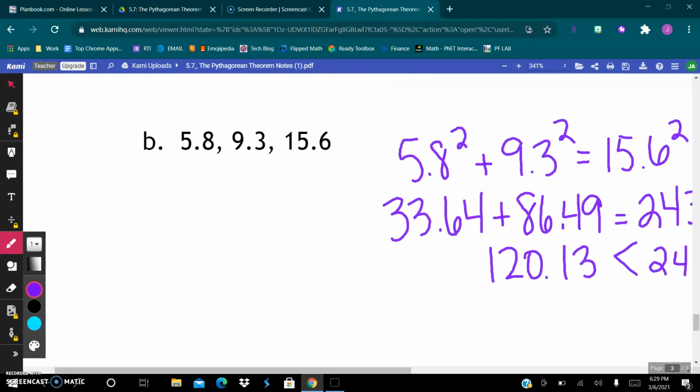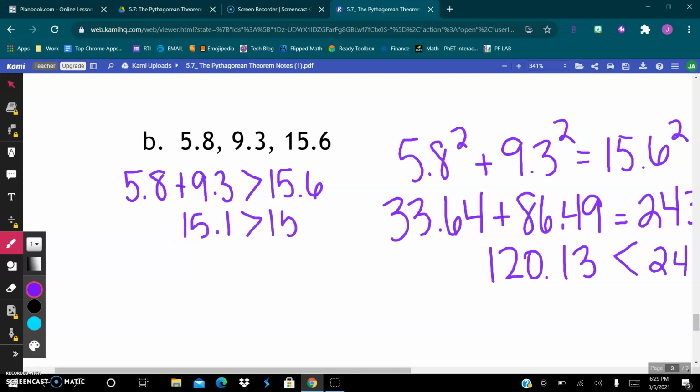But when I check here, when I do this 5.8 plus 9.3, that should be larger than 15.6. And when I add those 2 together, I get 15.1, and that is not true. So these are actually not a triangle.